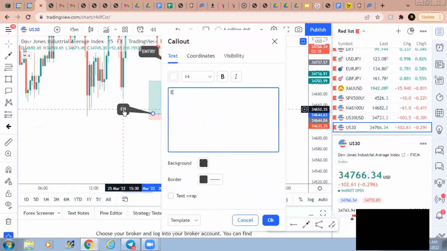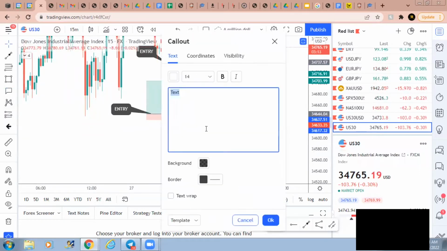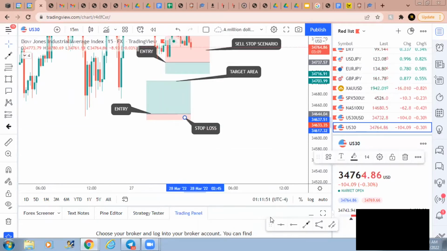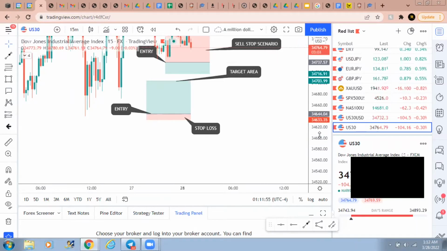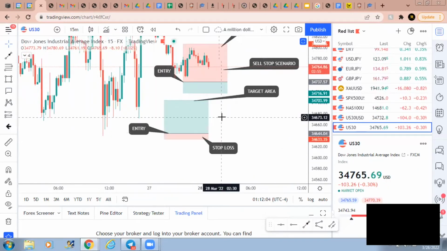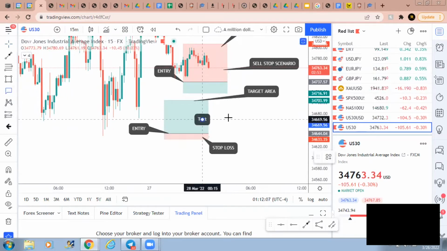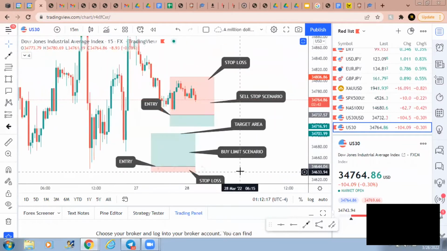Right there's my entry point, where you're entering the trade, and right here is the stop loss area. Hope this makes a great amount of sense, because it's extremely important to really understand that. Entry, stop loss, target. This is the buy limit scenario.